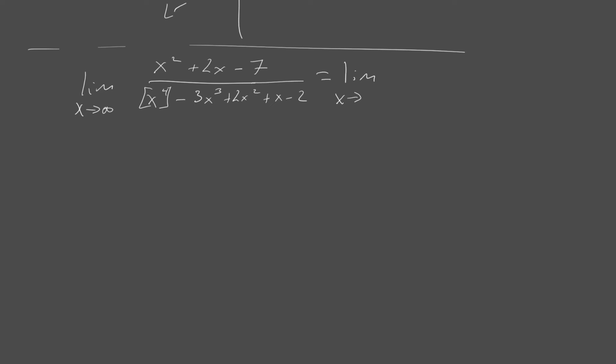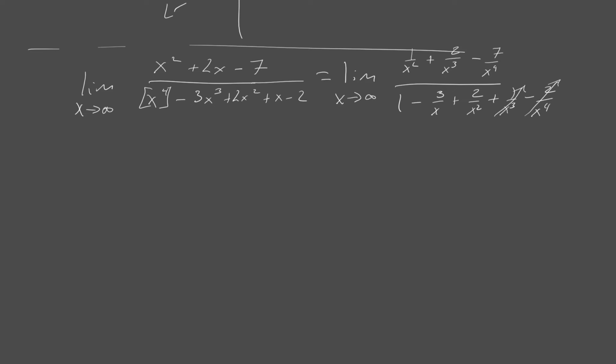I won't have taken a limit yet, so I keep that limit written down. I've got x squared over x to the 4th, which is 1 over x squared, plus 2 over x cubed, minus 7 over x to the 4th. Then my denominator turns into a 1, a minus 3 over x, 2 over x squared, and a 1 over x cubed, and a minus 2 over x to the 4th.